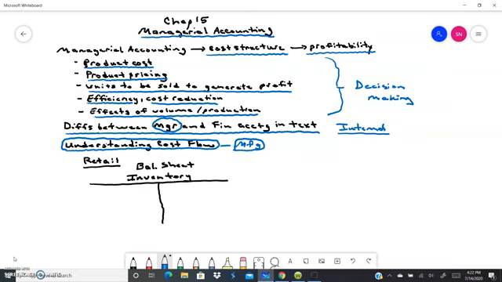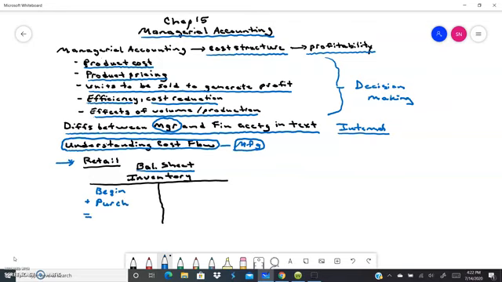Well, first of all, let's go back and think about it from a retail perspective. If we think about inventory, inventory is of course shown on our balance sheet. It's a current asset. And if you think about inventory, usually we'd have some kind of beginning balance. To that, we're adding purchases.